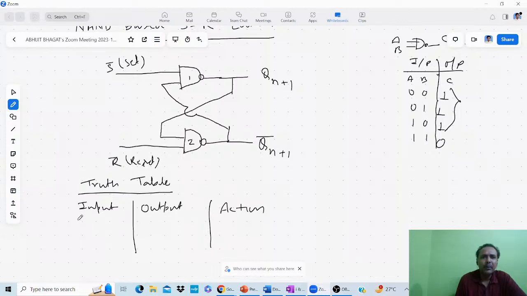Input and output make the truth table. Just to discuss what happened in the action, that's why I add this column. Your inputs are S bar and R bar. Output is Qn plus 1 and Qn plus 1 bar.